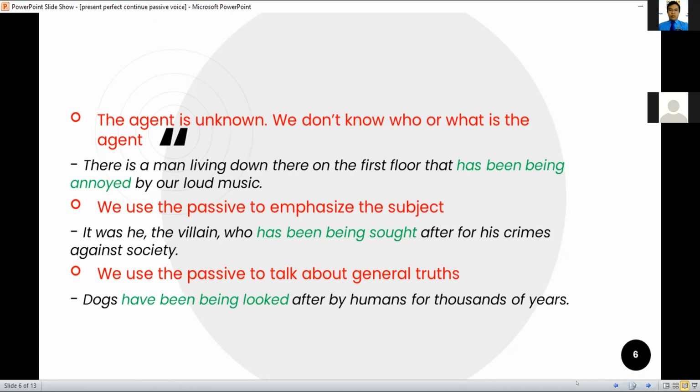Some houses have 1 or 2 or 3, depending on whether they like or not, but the dog has been being looked after by humans.